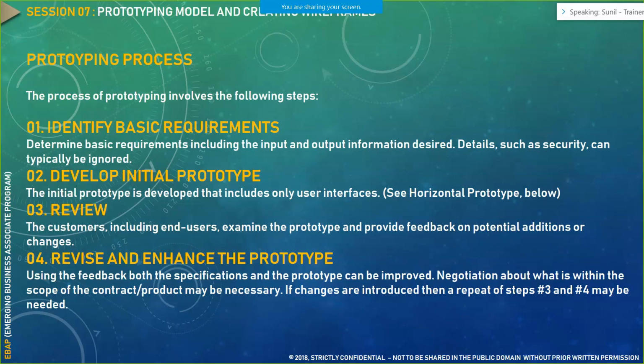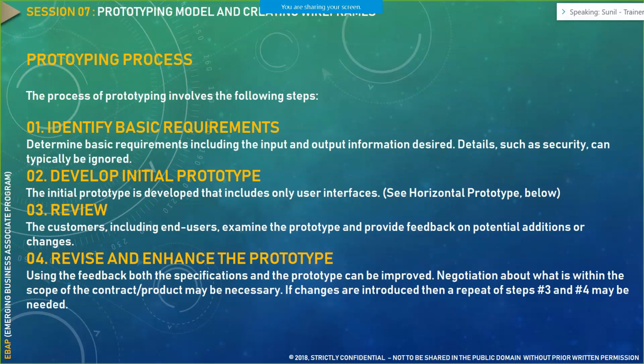So once we have identified the basic requirements around what UI elements we would be mapping to the system using the prototype, the next step that we follow is to develop the initial prototype. There are different types or different dimensions of prototype that we will see in a while.